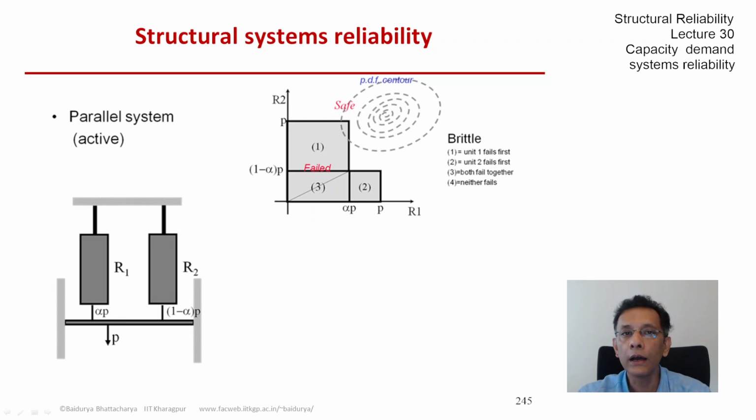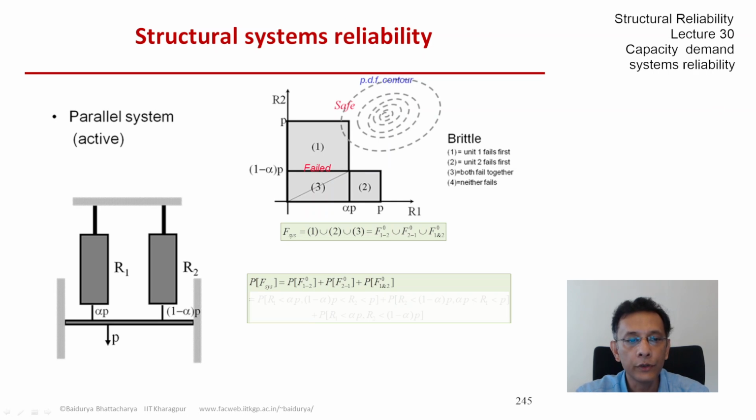So now we are ready to define the system failure. As I said, when we have the union of 3 disjoint sets, the probability of the union is just the sum of the individual probabilities. So that's what you see. And now we are able to bring in mechanics and define the 3 disjoint sets in terms of the loads and the member strengths.